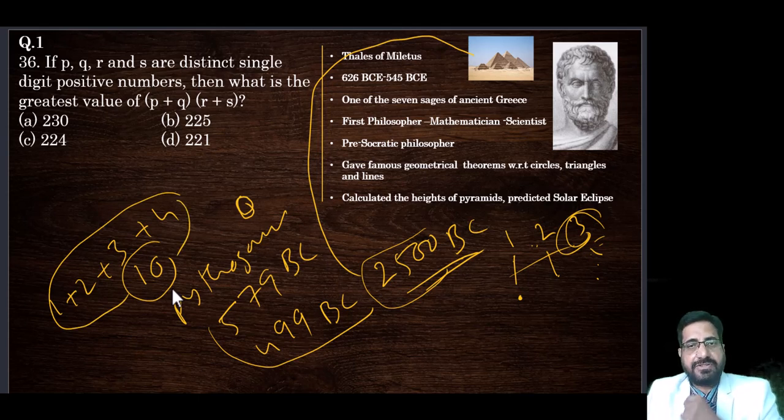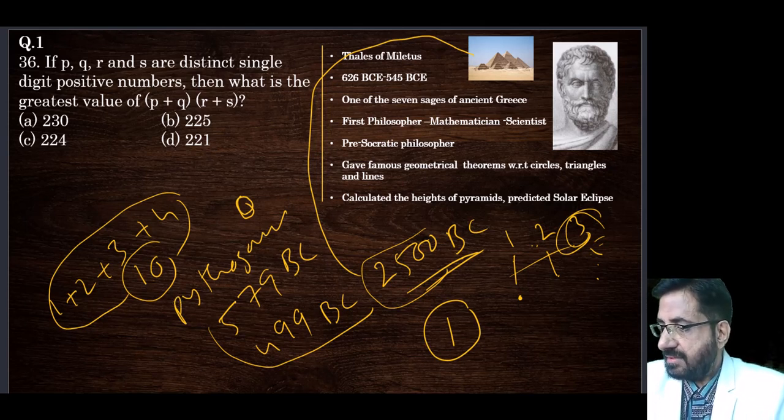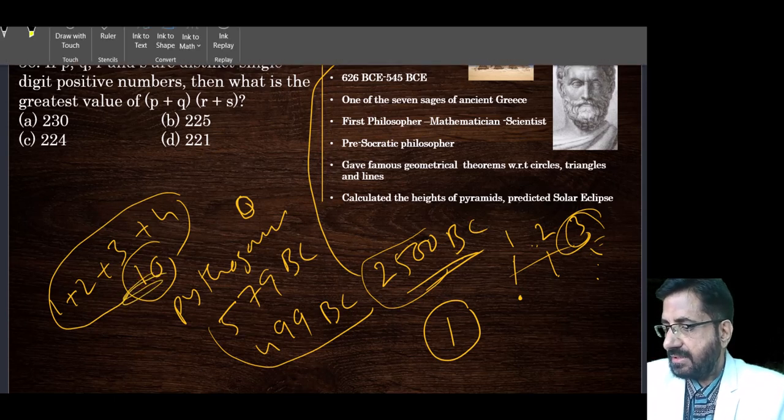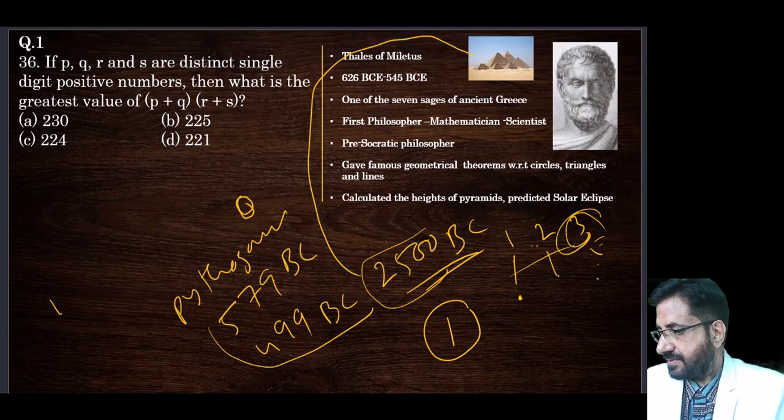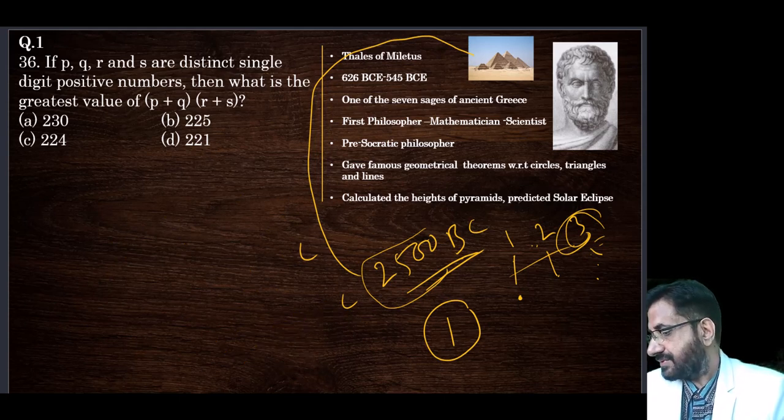So that is how Pythagoras concluded that 10 is the most perfect number. 1 is God, he said. Okay, so Pythagoreans, they personified numbers, and they developed this concept of numbers as the atoms of this universe.